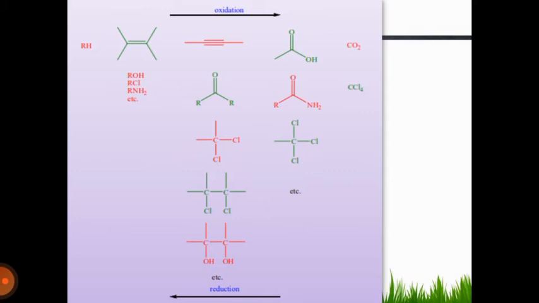This is some little knowledge: for oxidation of alcohol, we may even use Jones reagent or PCC, pyridinium chlorochromate, and pyridinium chlorochromate will not make the alcohol go to carboxylic acid. It will stop at the aldehyde.